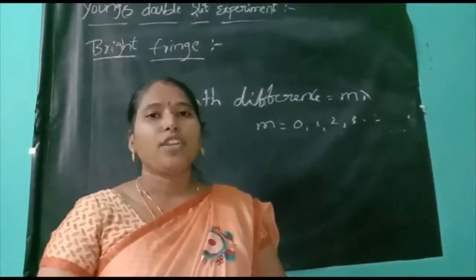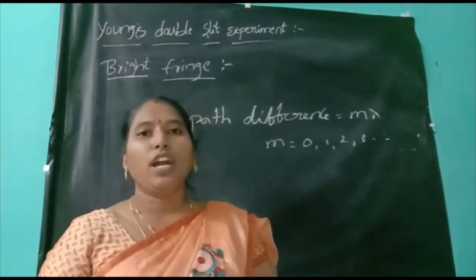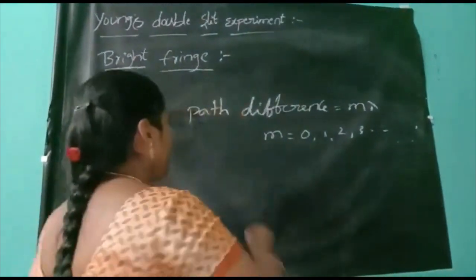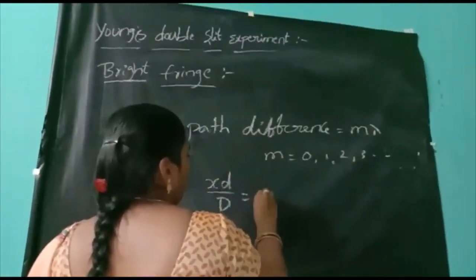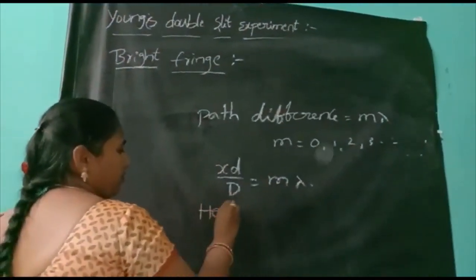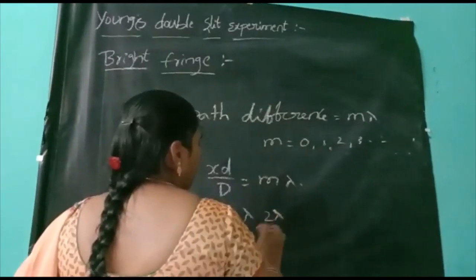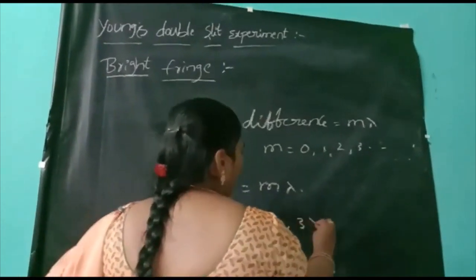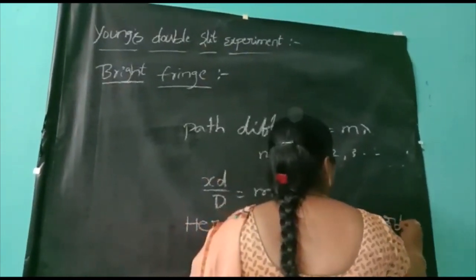It is an integral multiple of m. XD by capital D is equal to m lambda. Here lambda, 2 lambda, 3 lambda and so on. All orders are formed.